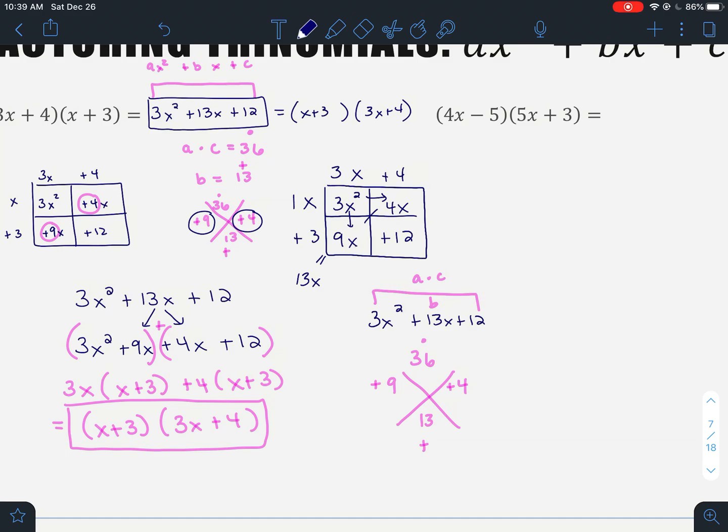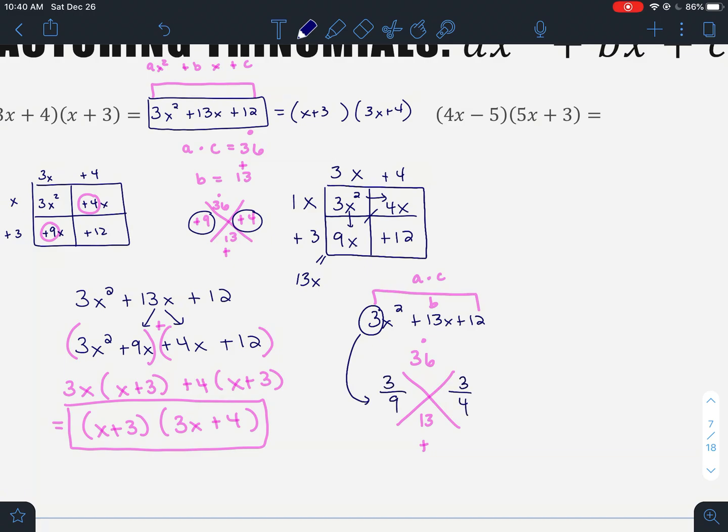Now, another way of doing these problems, and you can only do this after you've factored out a greatest common factor if there is one, you would take the a term, in this case 3, and make it the denominator for both of these fractions and then reduce. 4 over 3 doesn't reduce, so that makes the parentheses 4, I guess it's not going to be the denominator, it's going to be the numerator.